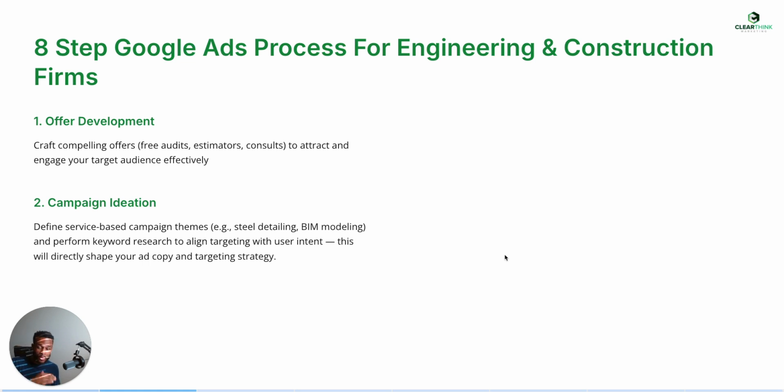So when you go online and somebody types in MEP services near me, well, now Google is going to populate not only traditional search results, right, which is the organic search results, but it's more than likely going to pull up a maps pack. It may show some ads because there is a high intent there that somebody's looking for the services. So we want to think about those sort of things.